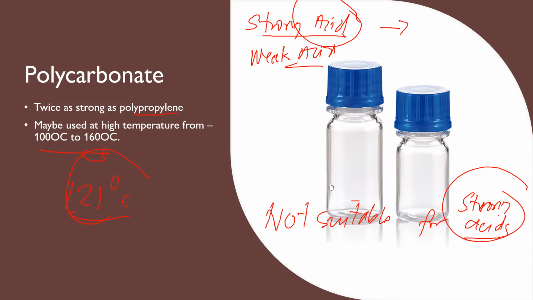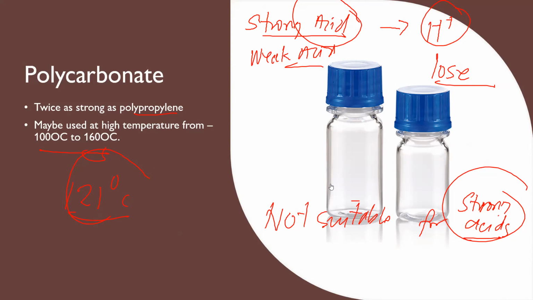Acid is the one that can produce hydrogen, no? Therefore, how are we going to define strong acid? Strong acid in a sense that it can lose completely. Okay? It can lose completely.